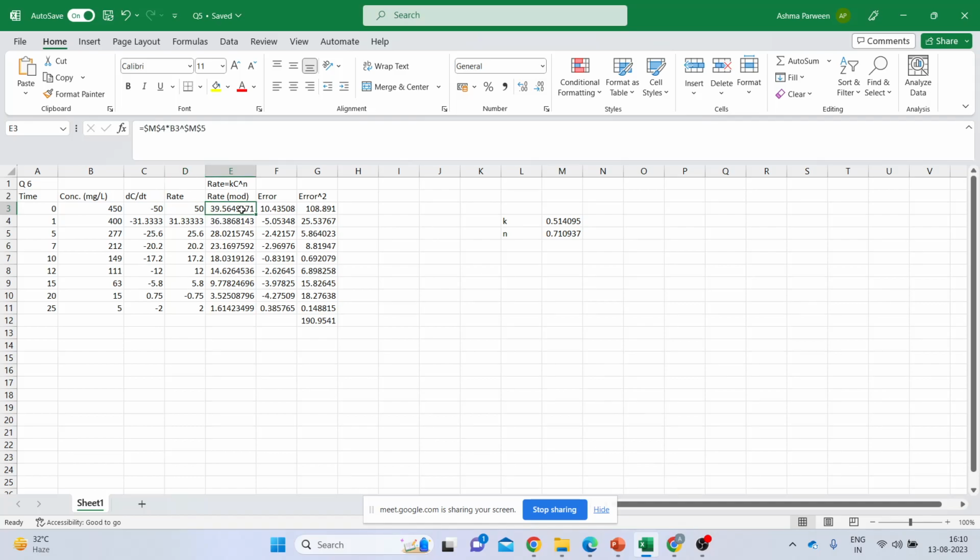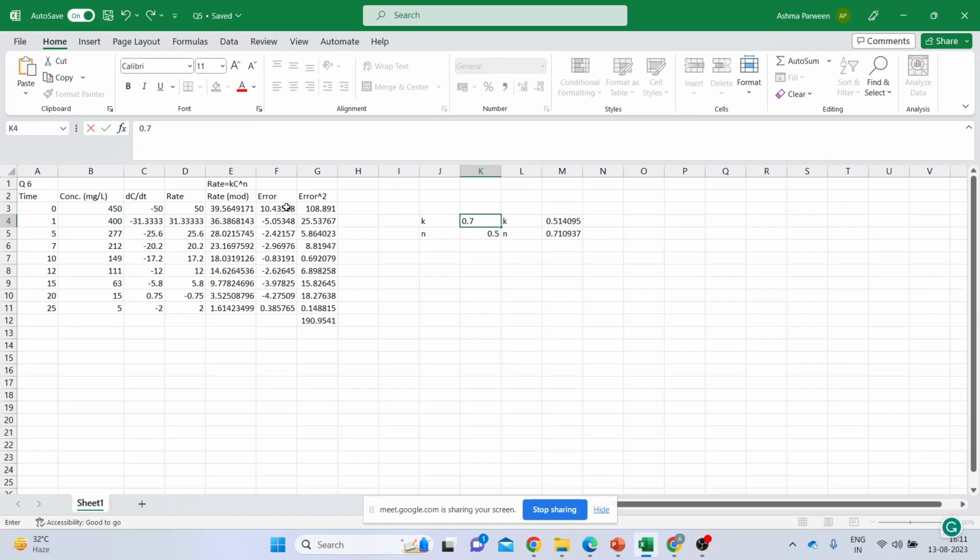Then we will find out the model rate, that is K C raised to the power N. This is the final value for K and N after using Solver, but first we will assume any value of K and N. Suppose we assume N as 0.5 and K as 0.7 or something.